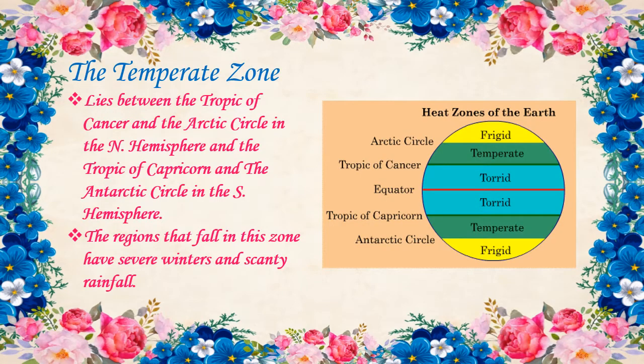The next climatic zone is the temperate zone. The temperate zone is the region that lies between the Tropic of Cancer and the Arctic Circle in the northern hemisphere and the Tropic of Capricorn and Antarctic Circle in the southern hemisphere. The regions of this zone have severe winters and scanty rainfall. What is meant by scanty rainfall? That is insufficient amount of rainfall.